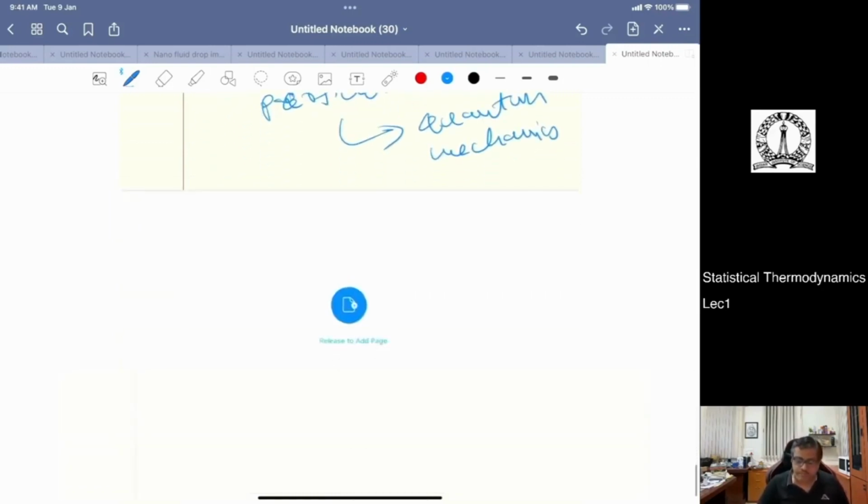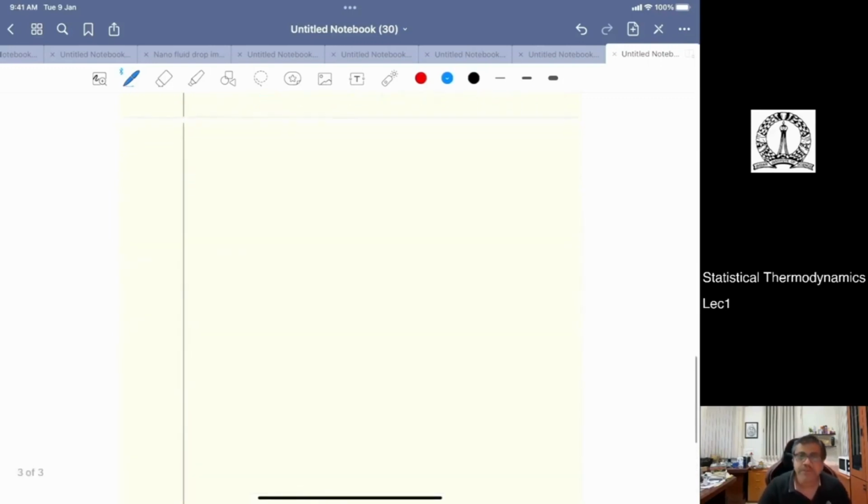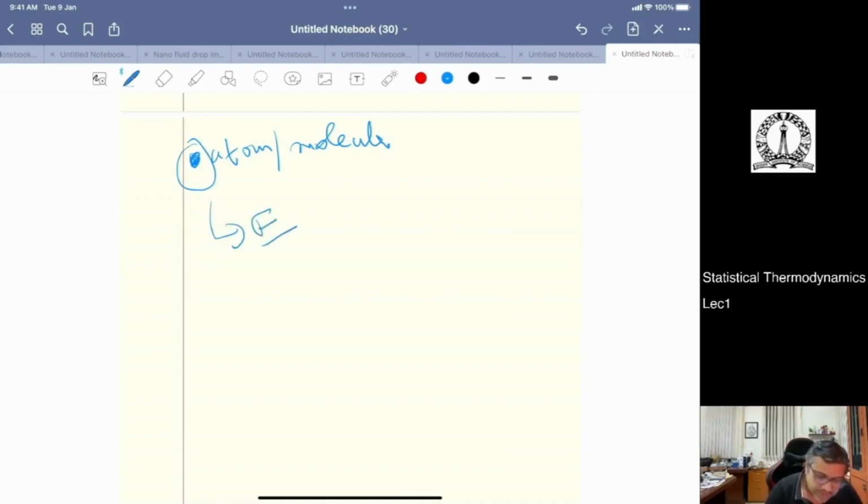One of the most important results when you deal with a quantum mechanical system is that the energy of any single atom or molecule, say this is an atom or a molecule, the energy E of this atom or molecule is not continuous but discrete.